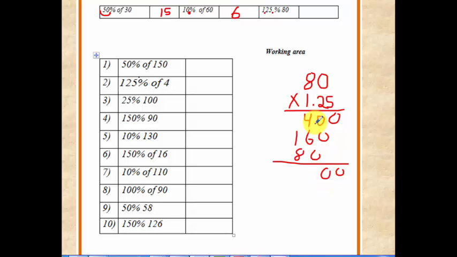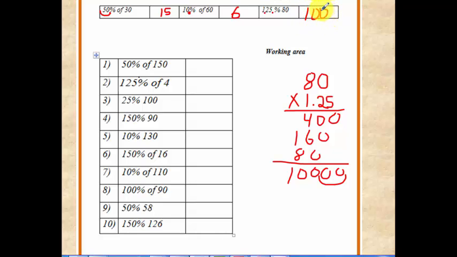Bring down the 0. 6 and 4 is 10. And we have 9, 10. So, we have a large number here. However, remember we have 2 decimal points. So we take those and move it to the left. And now our answer is 100.